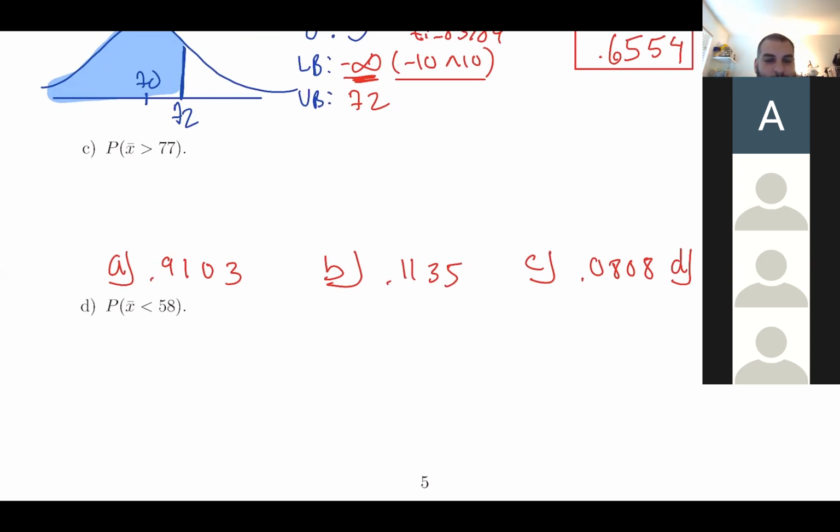All right, so those are your options for part C. So this first poll is for part C. Once you get your answer, select either A, B, C, or D.